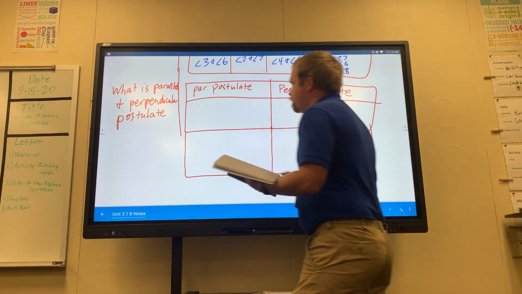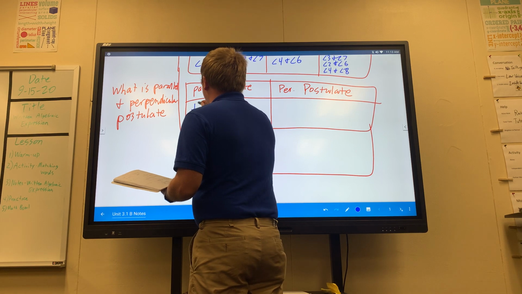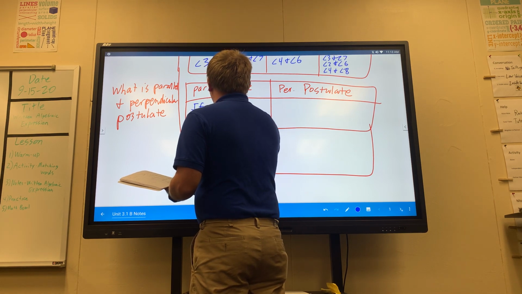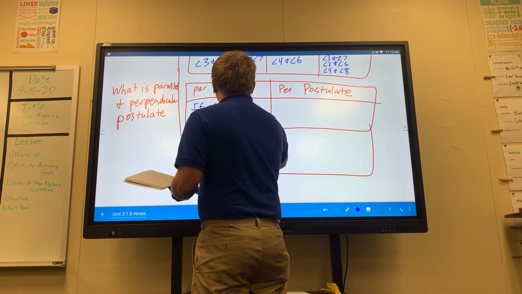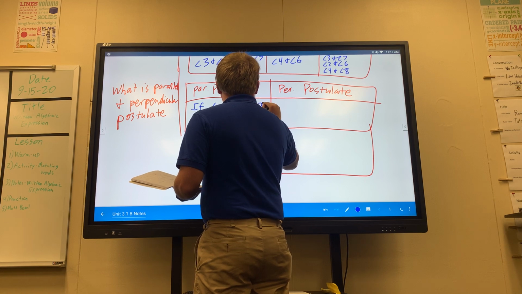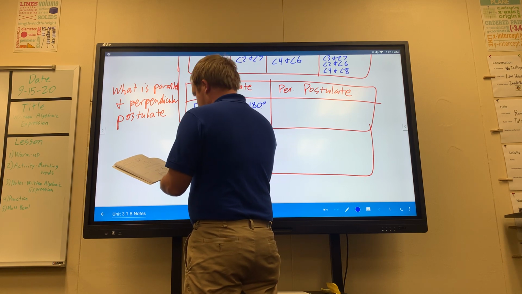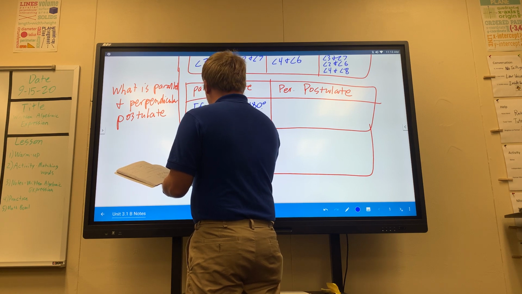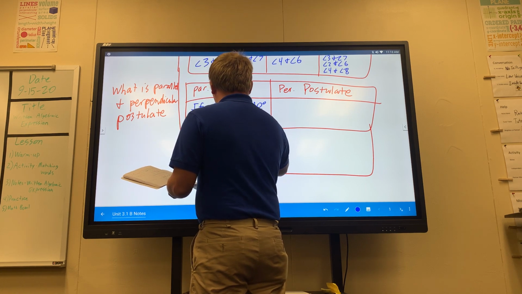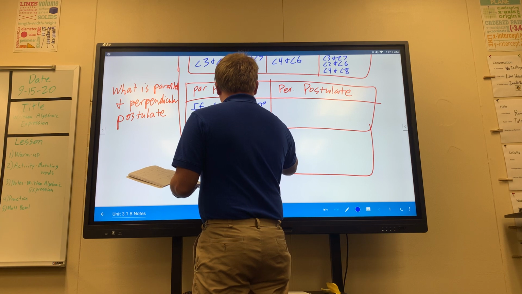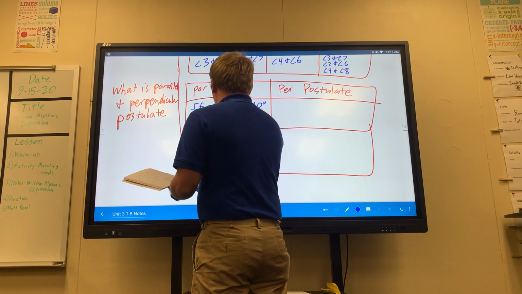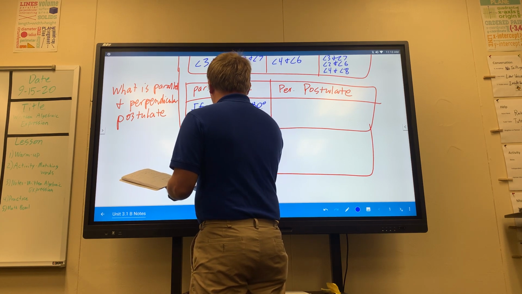Parallel postulate. If angle A plus angle B equals 180 degrees, then line L and line M are parallel.